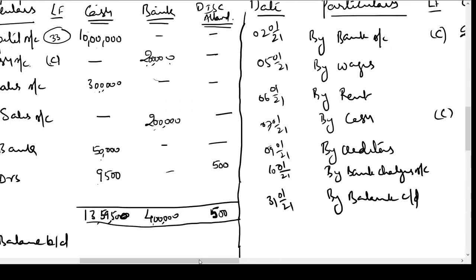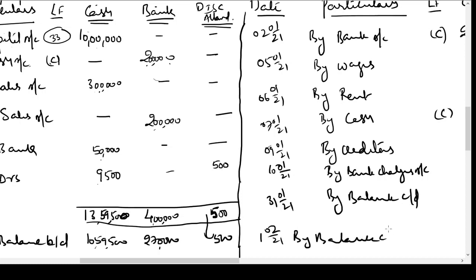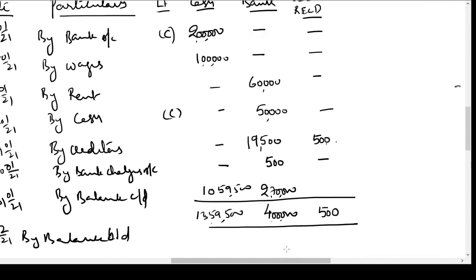How much cash are we left with? 10,59,500 cash. How much was the bank balance? 2,70,000. This discount allowed will continue here, 500. Okay, and on 1st February 21 we'll write by balance brought down. The amount in the discount received column will also be carried forward to the next month, 500 rupees.